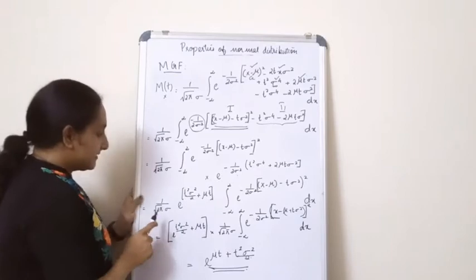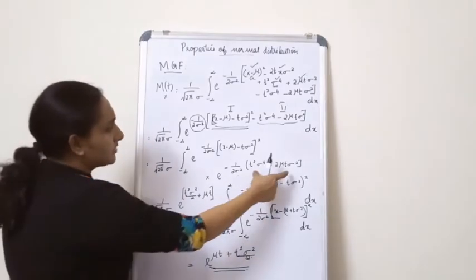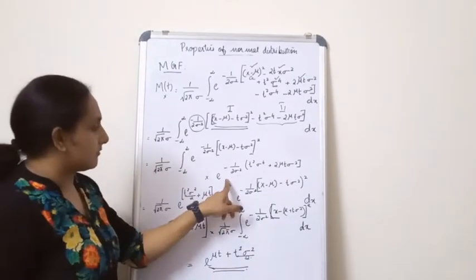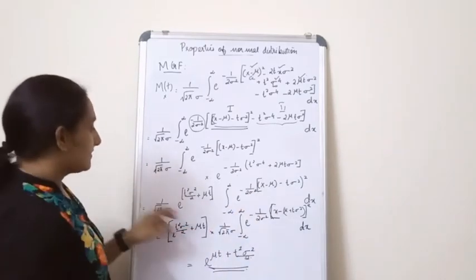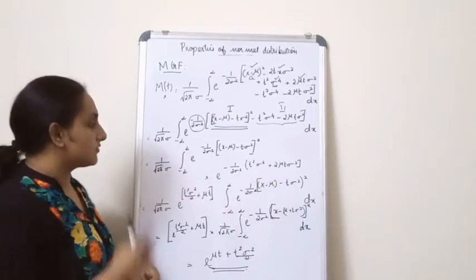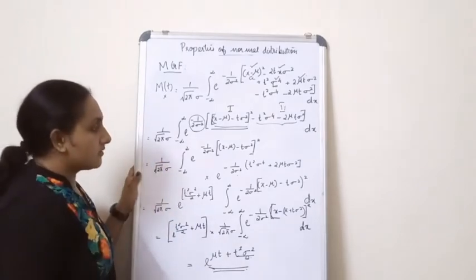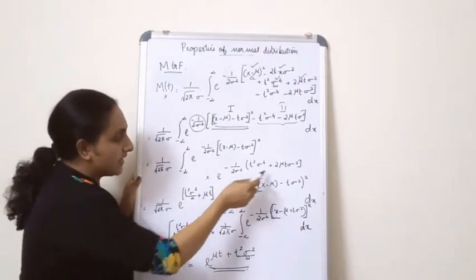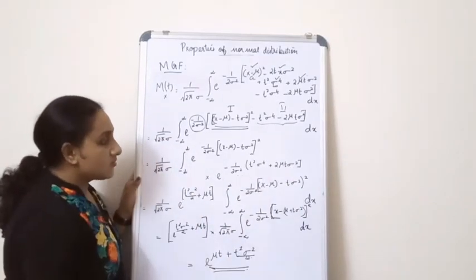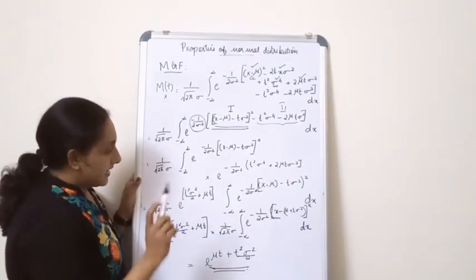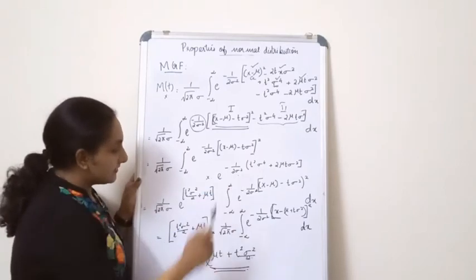Okay, now let's see. Now here you will have the second term over here. Now the first term you keep it as it is. Now the second term here you will have to do some calculations. I mean, not calculations, you will have some common terms over here, like sigma square is common. So you take the sigma square outside and it gets cancelled with this.